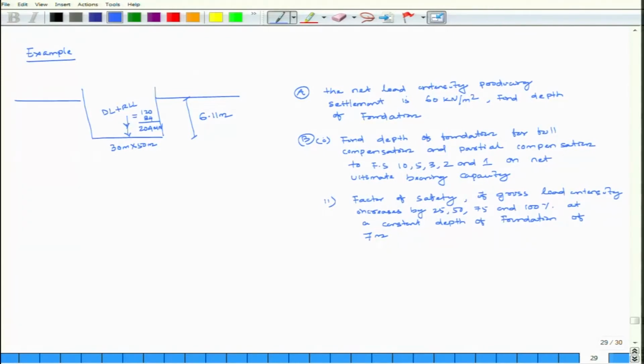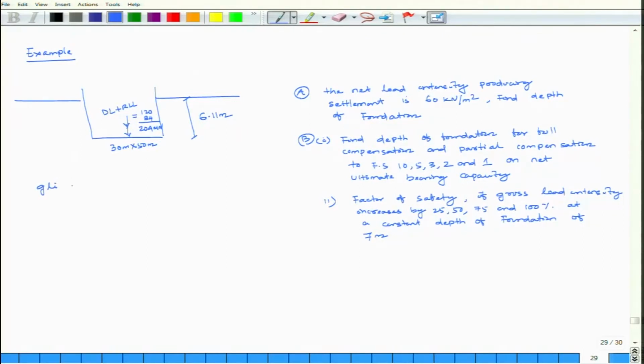Find the depth of foundation for full compensation and partial compensation to a factor of safety equal to 10, 5, 3, 2 and 1 on net ultimate bearing capacity. Second, the factor of safety if gross load intensity increases by 20, 50, 75 and 100% at a constant depth of foundation of 7 meter.